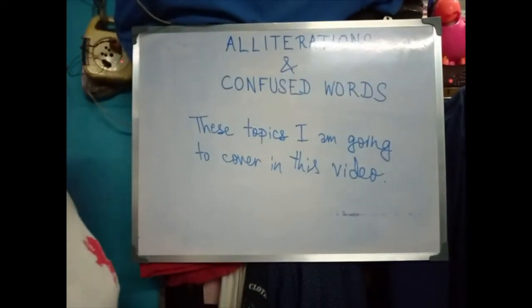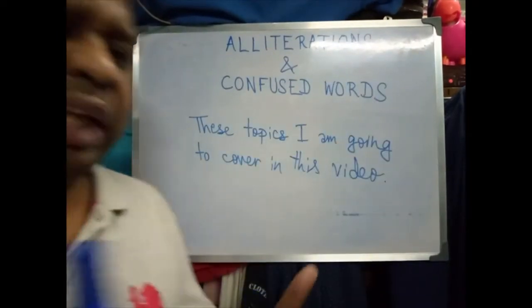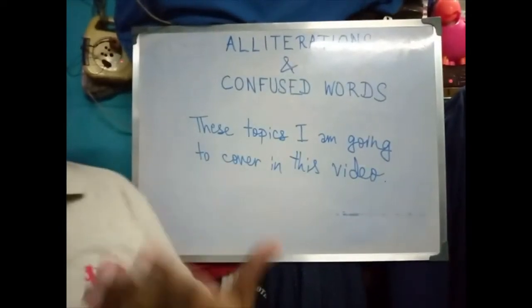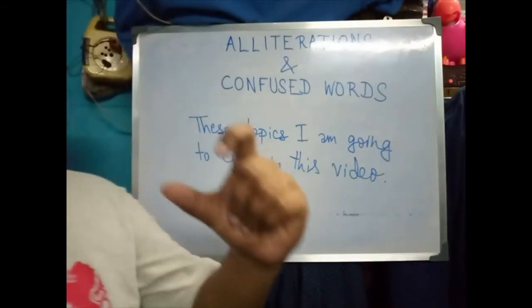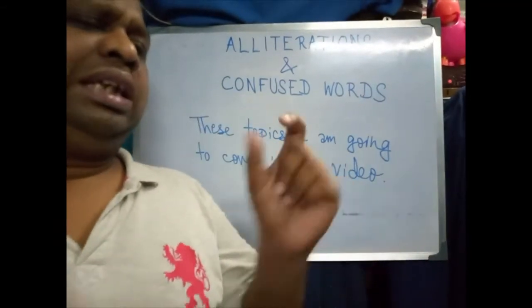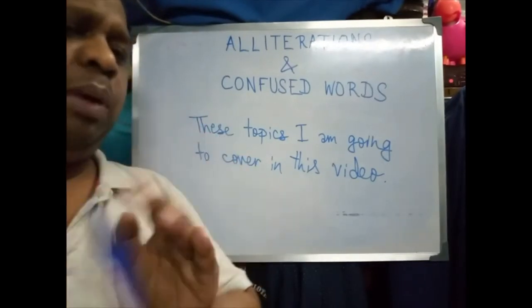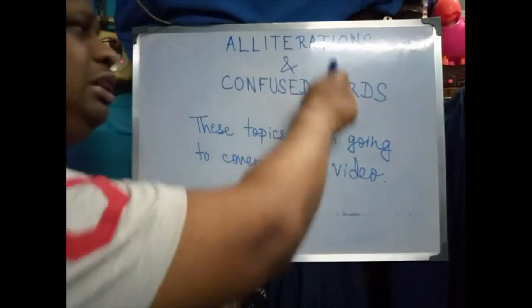I have already explained to you what alliterations are. The repetition of alphabets in a particular sentence, when the same alphabet or the same phonetic sound repeats itself in a phrase, is called alliteration.